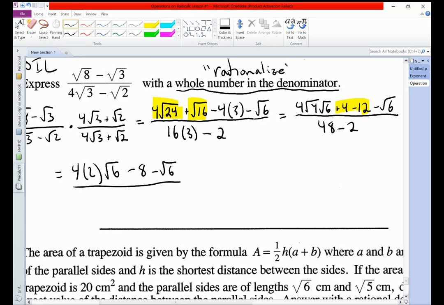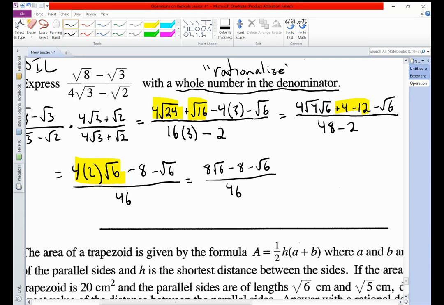And in the bottom, we have 48 minus 2 is 46. And then we can deal with this term right here still. It's not completely done. It's going to be 8 root 6 minus 8 minus root 6 all over 46.